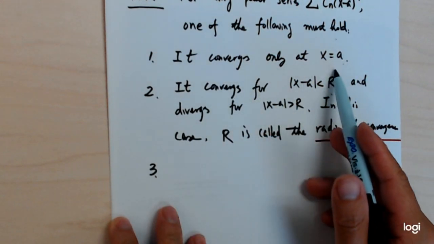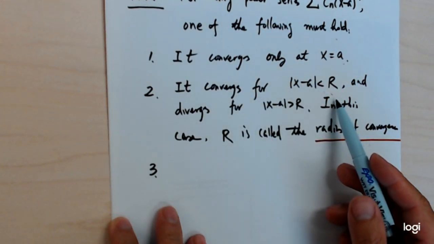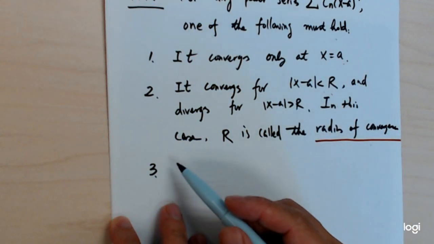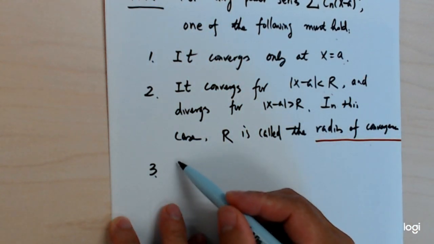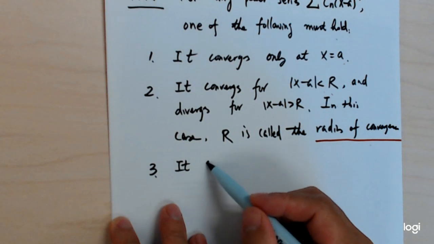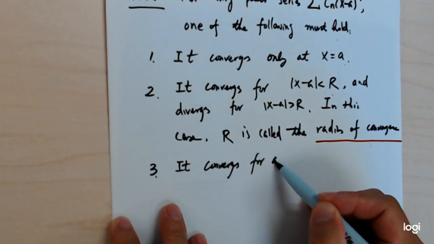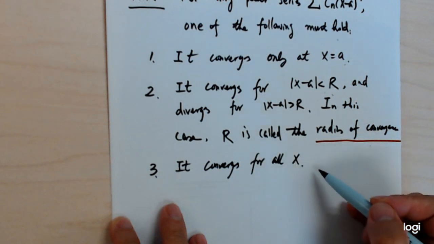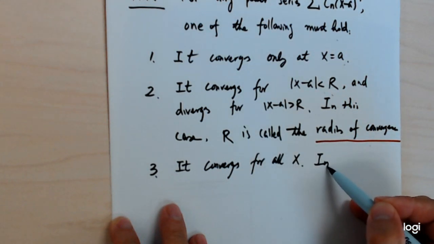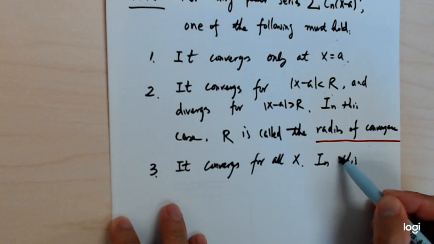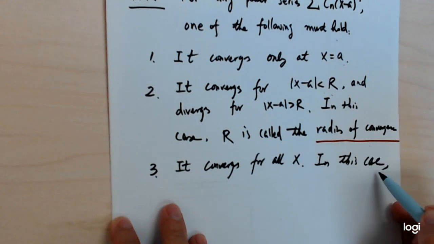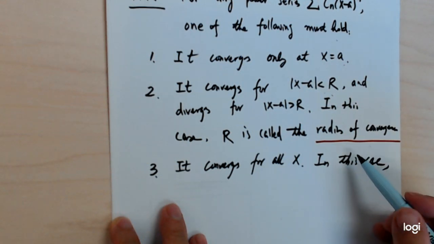Converges only at a single point, converges on some open interval. Finally, it converges for all x. That turns out to be possible as well. In this case, what can we call the radius of convergence?